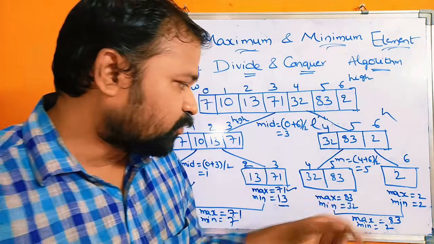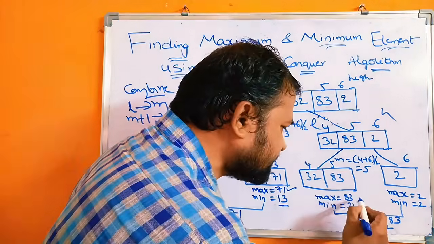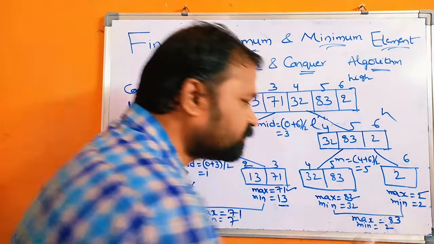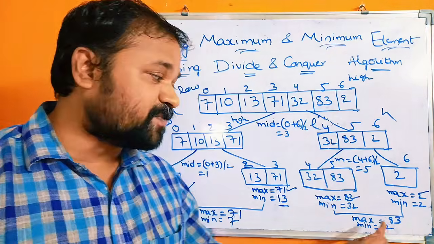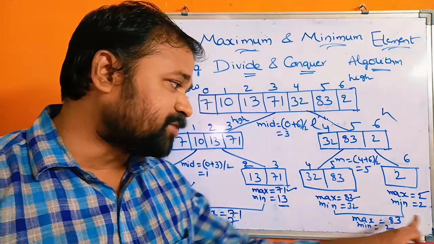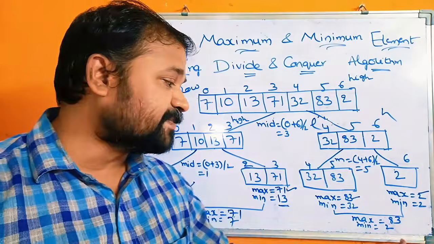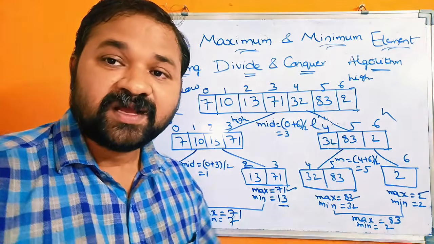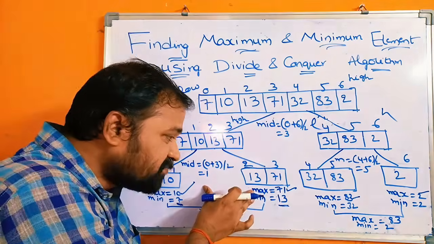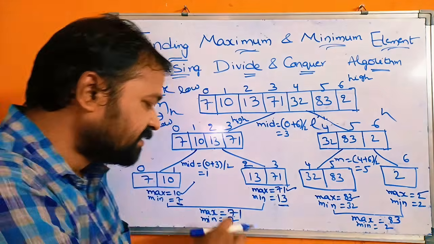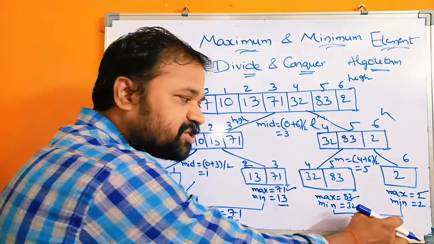Okay. So compare this list with this list. Out of 83 and 2, 83 is the biggest element. So max is 83. Out of 32 and 2, which is the minimum element? 2 is the minimum element. Now we have to compare list 1 max with list 2 max. List 1 max is 71, list 2 max is 83.